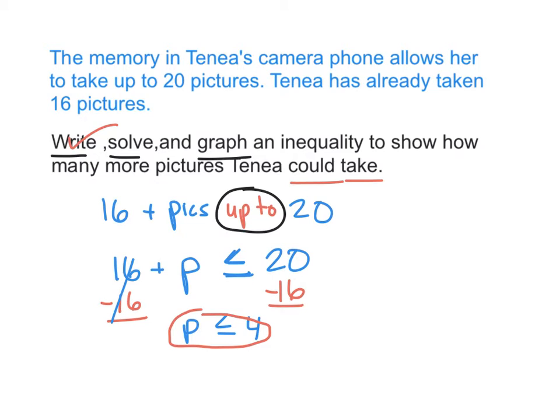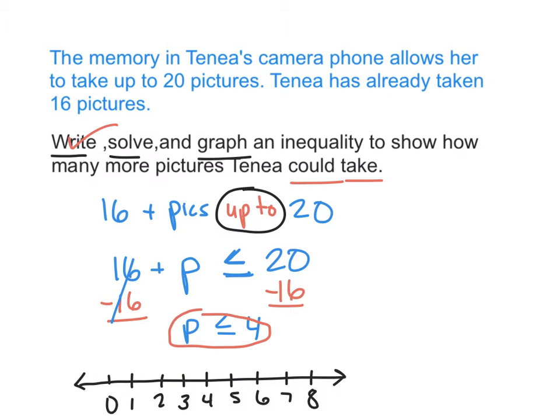Now we've got to be a little smarter with these story problems than we are with the inequalities where there's no context, because there are certain numbers that make no sense in this problem. Notice I'm numbering this right now as I speak. Okay, here's the problem.